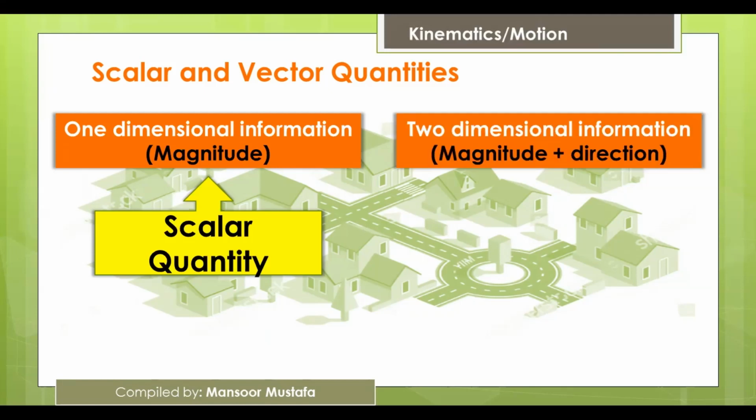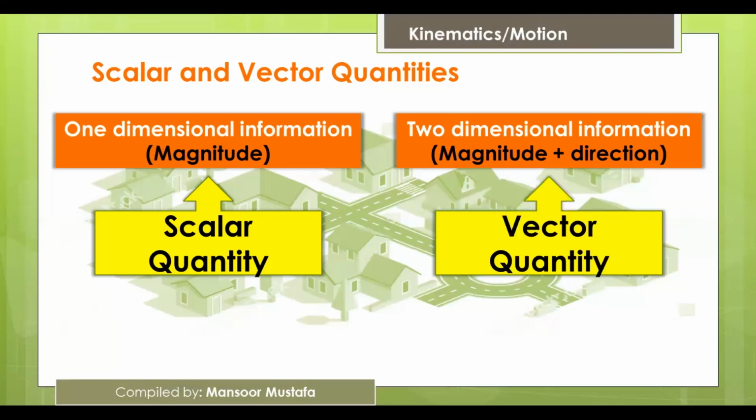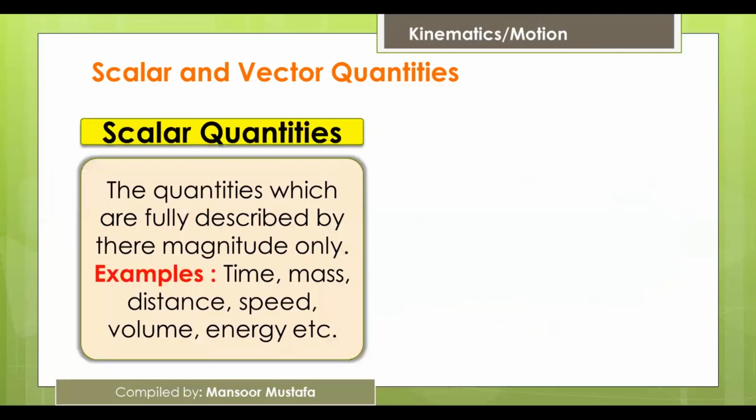On the other hand, there are some quantities which require two dimensional information, just like we have considered: the magnitude, and along with the magnitude we also require direction. Those quantities which require magnitude along with direction are called vector quantities. Now as we have explained scalar and vector, we can properly define them along with their examples.